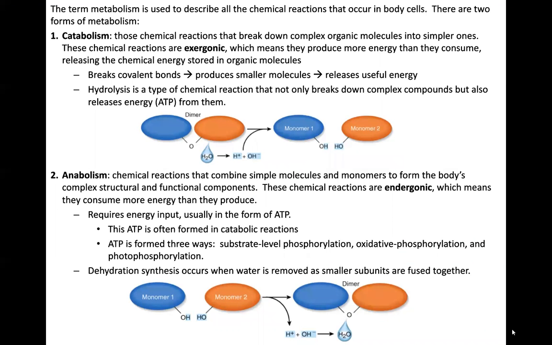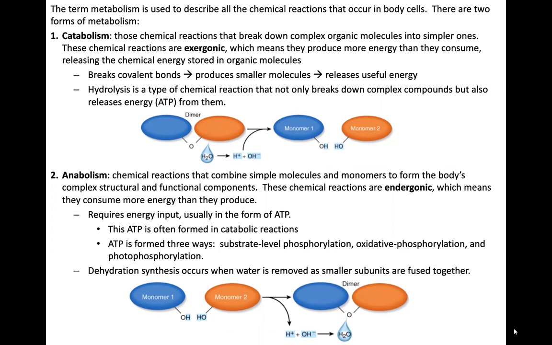The term metabolism is used to describe all the chemical reactions occurring in our body cells. In that same lecture, we talked about the two forms, which is catabolism and anabolism, or catabolic and anabolic reactions. Catabolism is those chemical reactions that break down complex organic molecules into simpler ones, which is what we just got done talking a heck of a lot about.